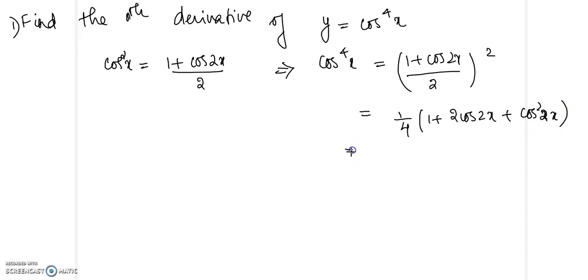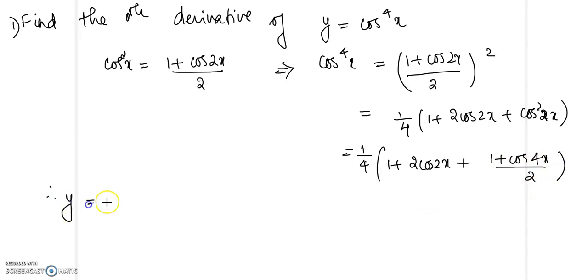Now we can expand cos square 2x again using the same formula. So cos square 2x will be 1 plus cos 4x by 2. So this is 1 plus 2 cos 2x plus 1 plus cos 4x by 2.